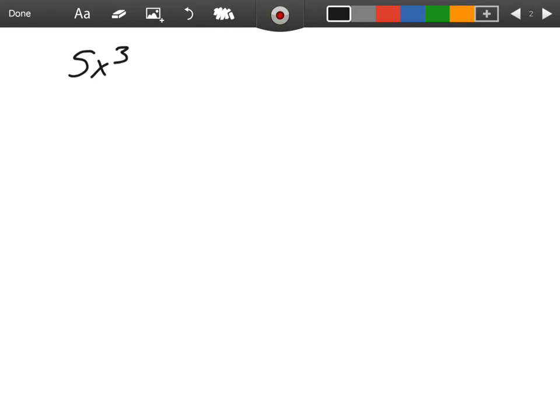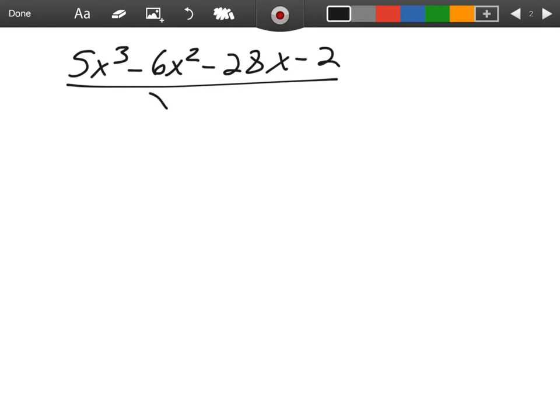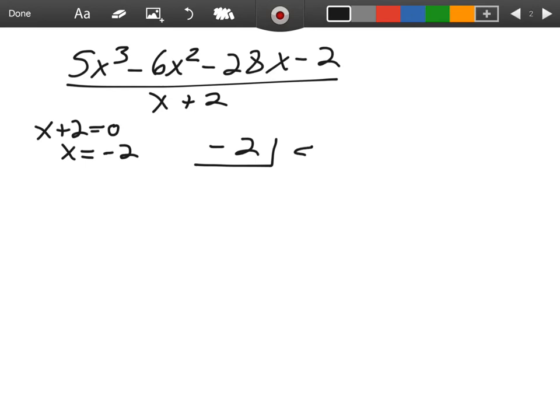So you have 5x to the third minus 6x squared minus 28x minus 2 divided by x plus 2. I take my x plus 2, set it equal to 0 and solve, which gives me -2. I do not have any missing terms in my polynomial, so that is just going to be 5, -6, -28, -2.